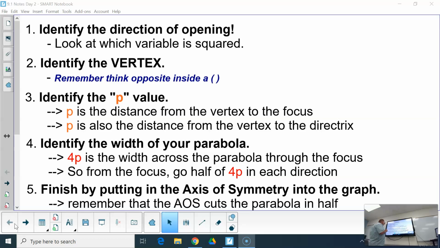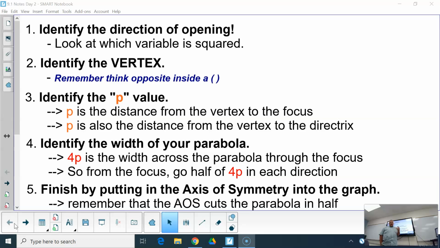That's a mental step. Step 2, we're going to identify where the vertex is. X goes with X, Y goes with Y. If they're inside a set of parentheses, we make sure we think oppositely about them. Step number 3, we're going to identify the p-value. Remember that non-squared coefficient, that's 4p.